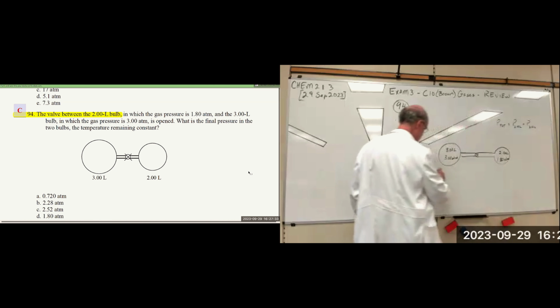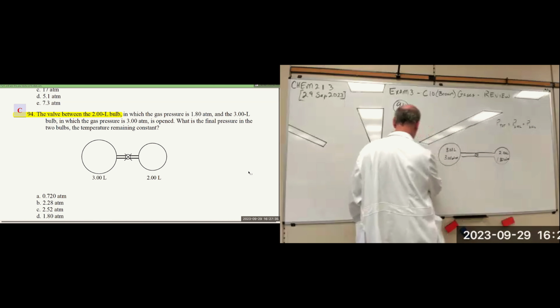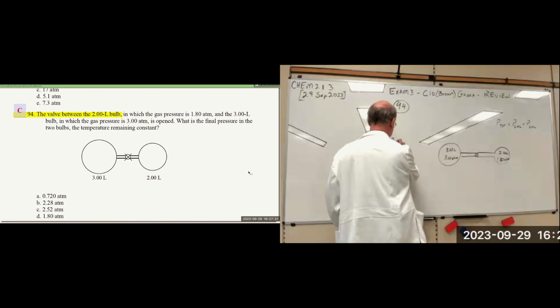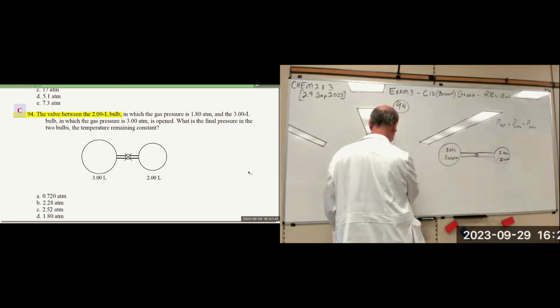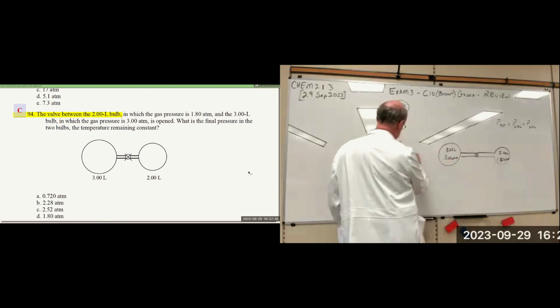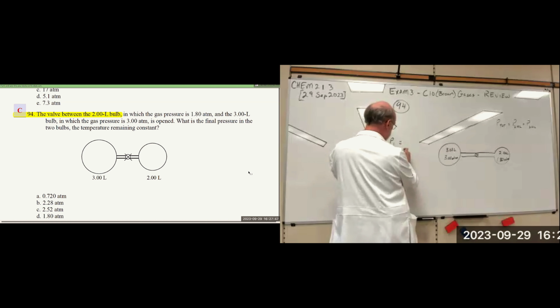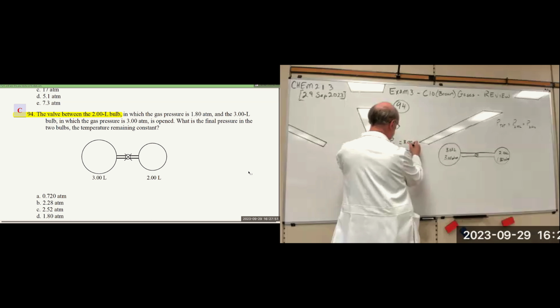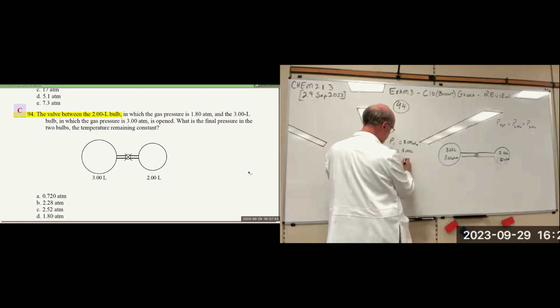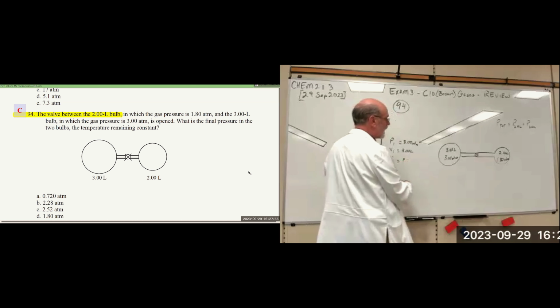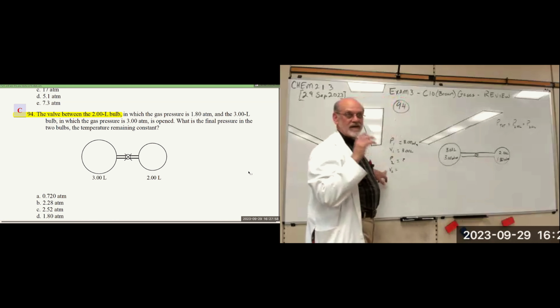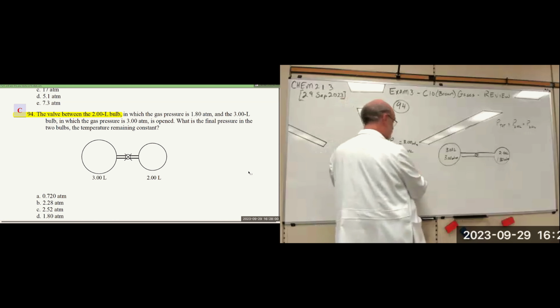So, let's see. P1, V1, P2, V2. For this side, the initial volume is 3 liters. Initial pressure is 3 atmospheres. The final pressure is unknown. And the final volume is what? 5 liters. 3 plus 2.